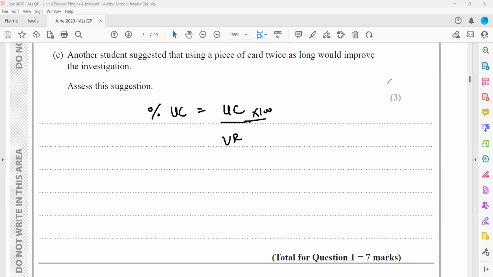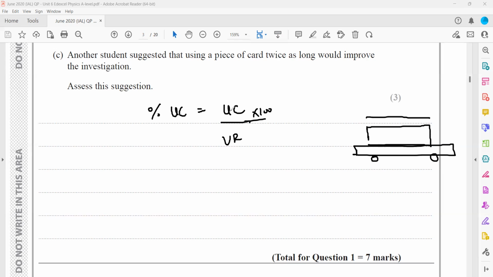So the student suggests that if we increase the length of the card on the glider, the experiment will be more accurate. How will the experiment be more accurate?